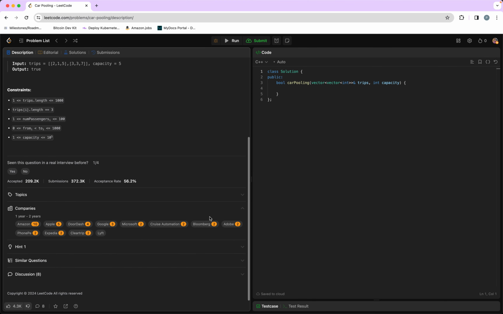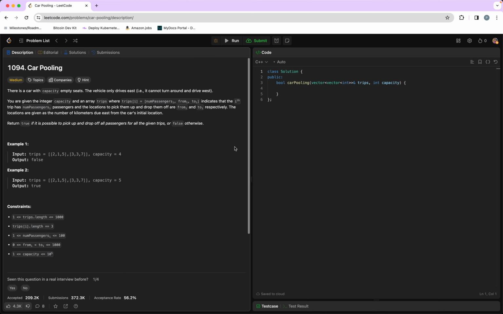So let's understand what this problem is saying. As per the problem statement, there is a car which has a capacity, which basically denotes how many empty seats the car contains.